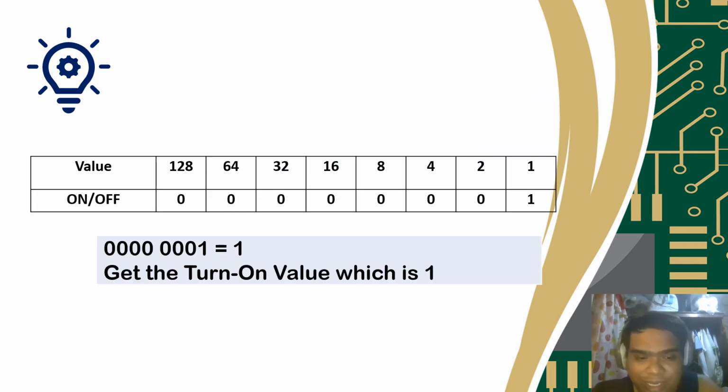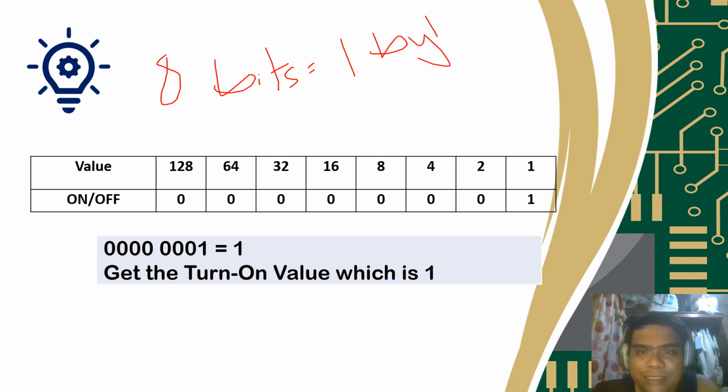As you can see here, 8 bits is equal to 1 byte. Sorry for this, it's really hard when you only have a mouse. So, 1 byte.